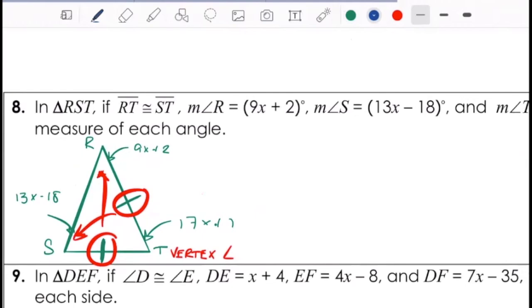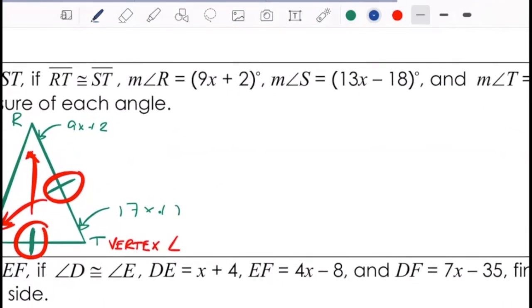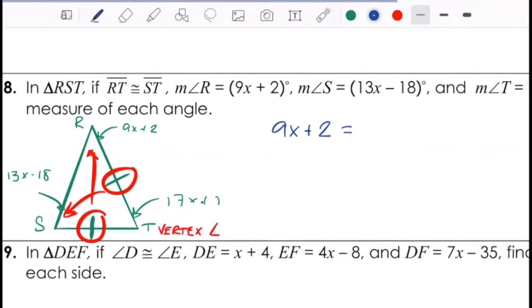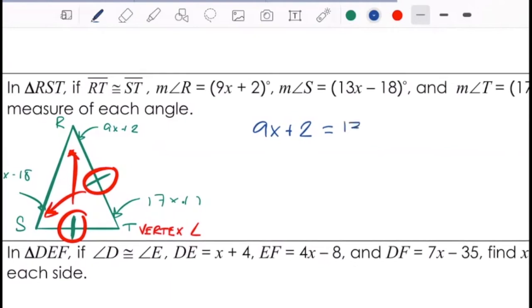All right, so we're using our isosceles theorem. If those sides are congruent, that means those angles are congruent. So I can just take those two base angles and set them equal to one another. So 9x plus 2 equals 13x minus 18.